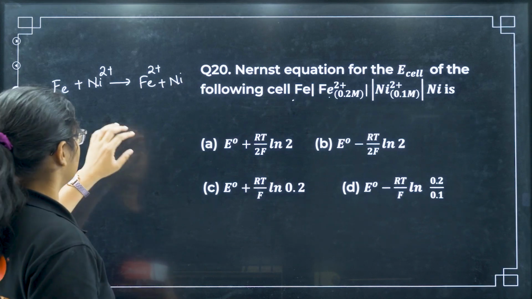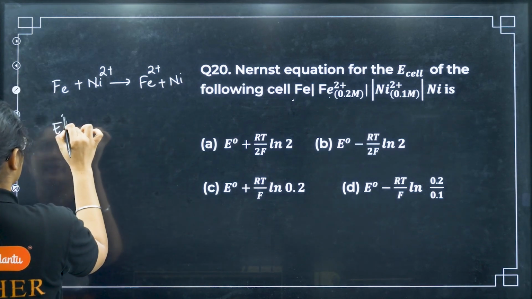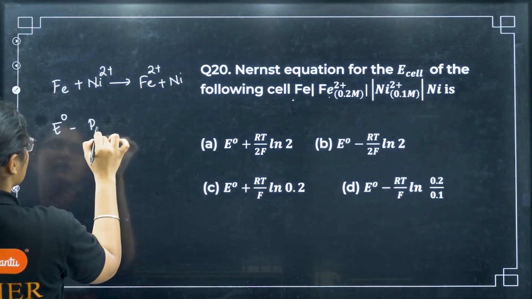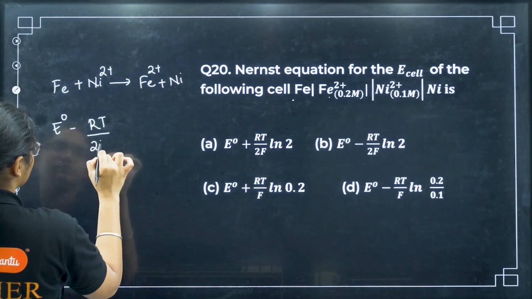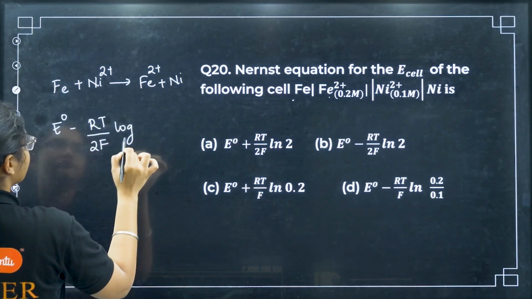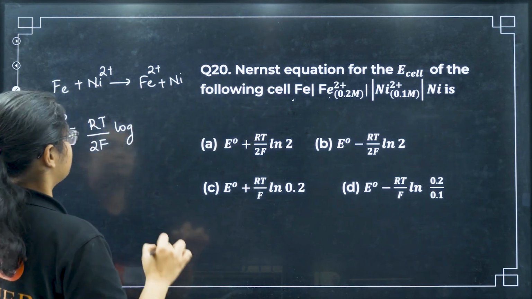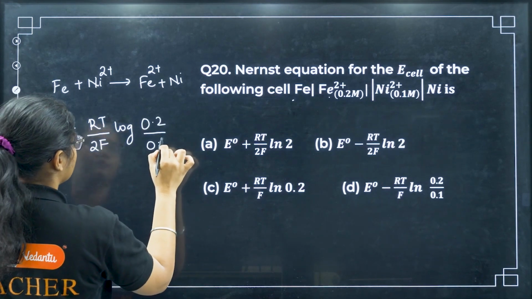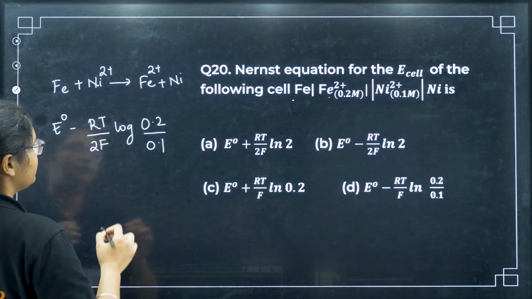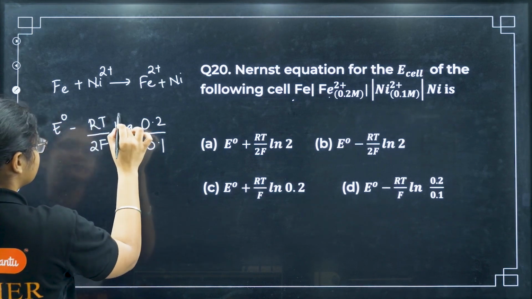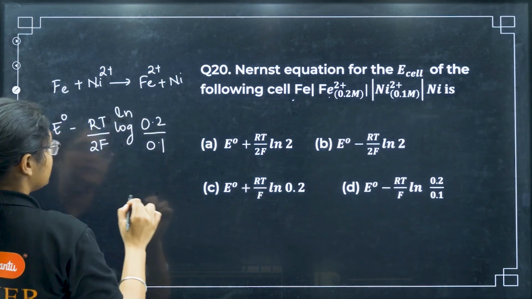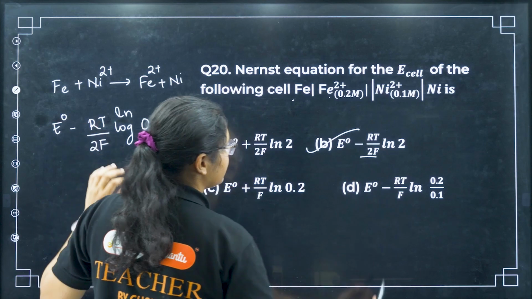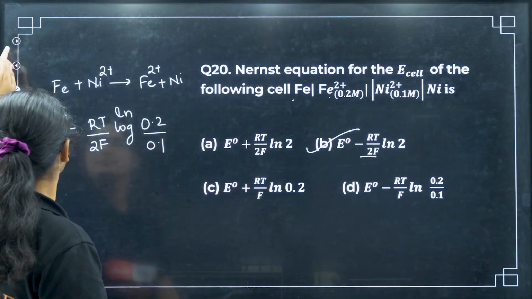So in the equation you will have E naught of the cell minus RT by nF, that means 2F, log of Fe2 plus concentration is 0.2 and Ni2 plus concentration is 0.1. We are not using 2.303, so this is ln. So E naught minus RT by 2F ln, that is option number B.